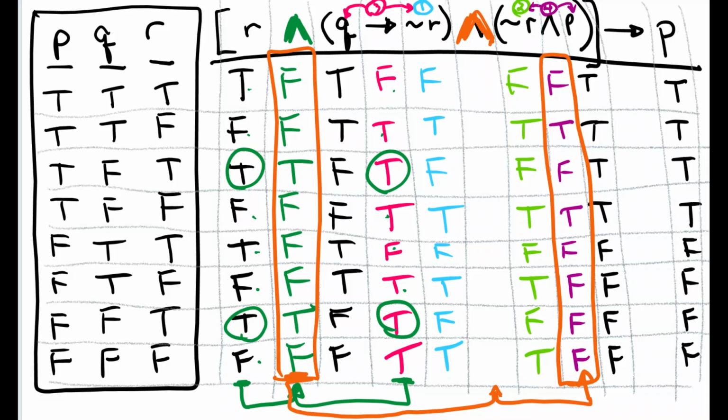And I have to do an and in between. Again, the only time you get a true is if you have a true and a true. I've got false and false, false and true, true and false, false and true, false and false, true and false, false and false. They are all falses.